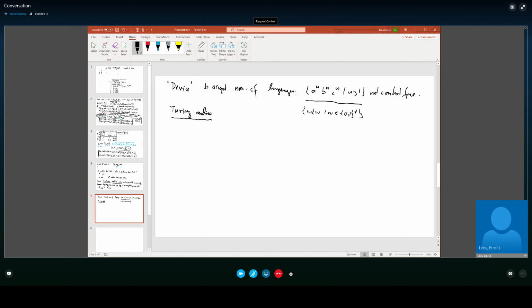So what a Turing machine does is basically it has a tape and a finite automaton with a read-write head.